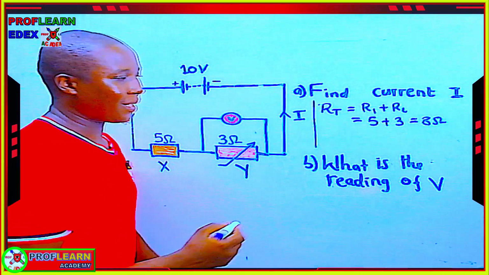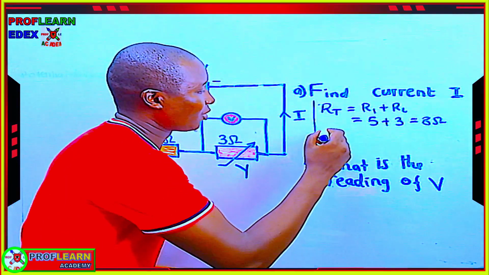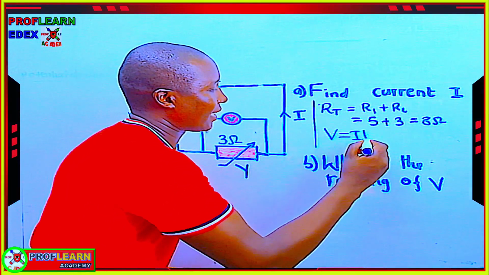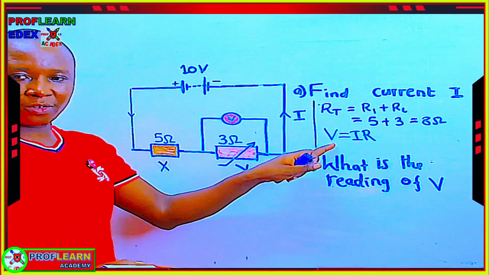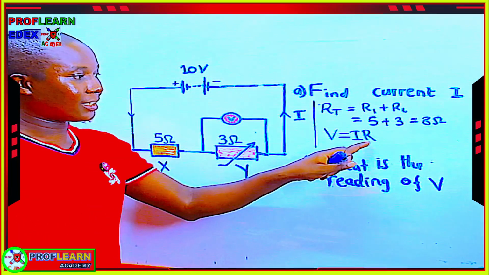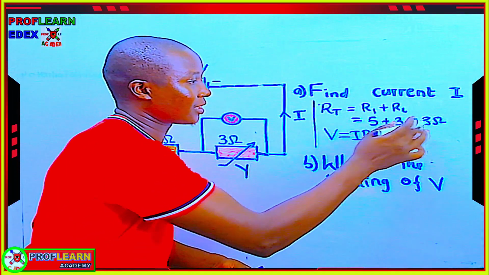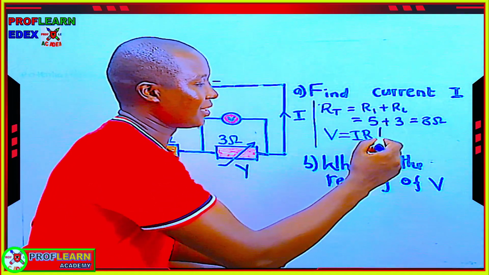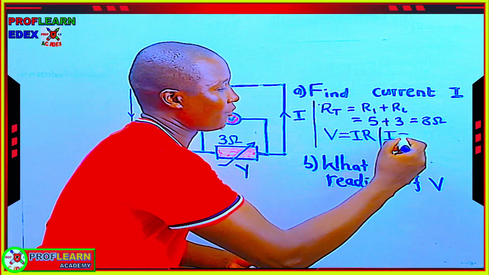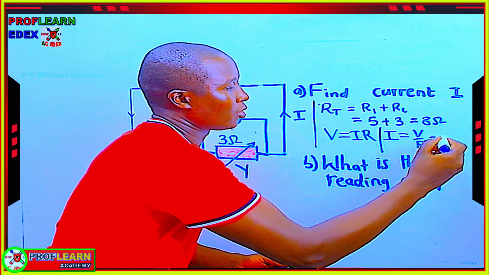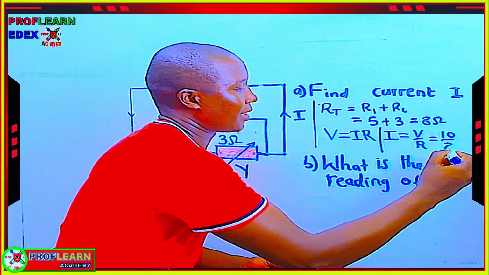Then we're going to apply Ohm's law. From Ohm's law, we know that V equals IR, whereby V is the voltage, I is the current, R is the resistance, and in this case we're going to use the total resistance which we have gotten here. So meaning that our current, if we make it subject, would be V over R, which is going to be 10 divided by 8.